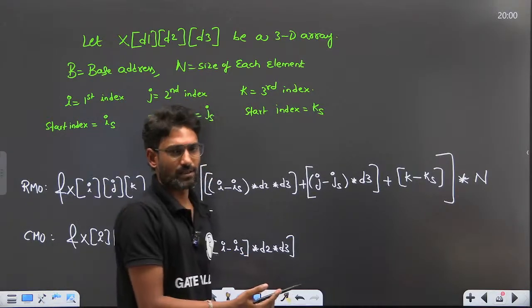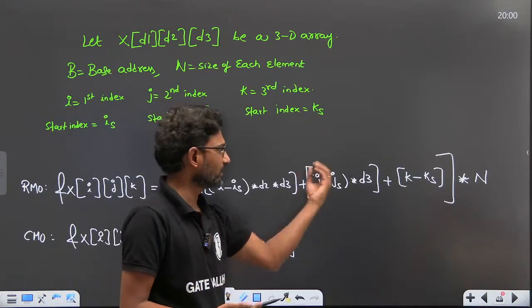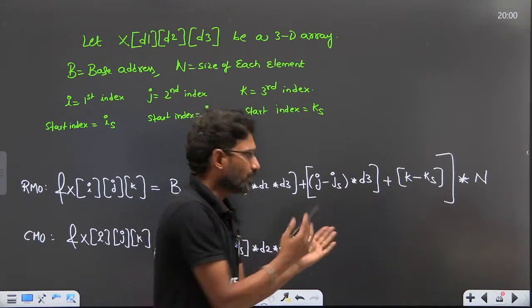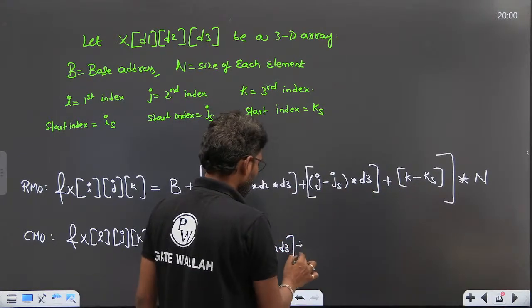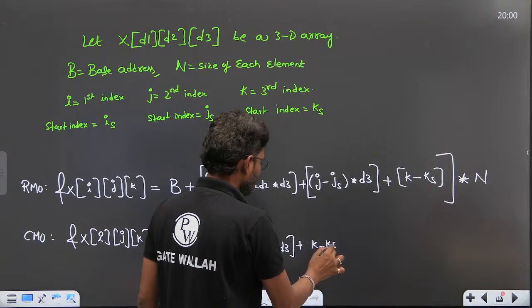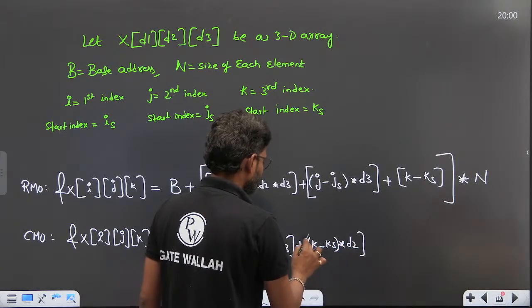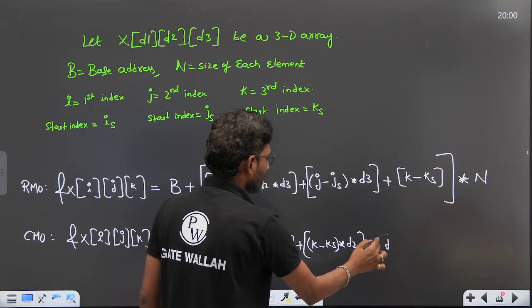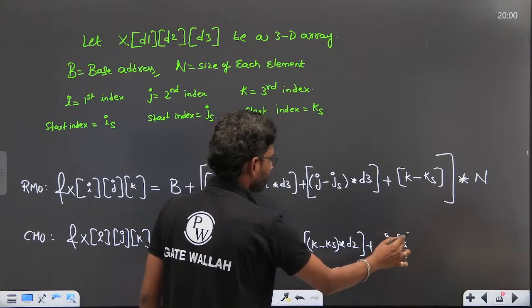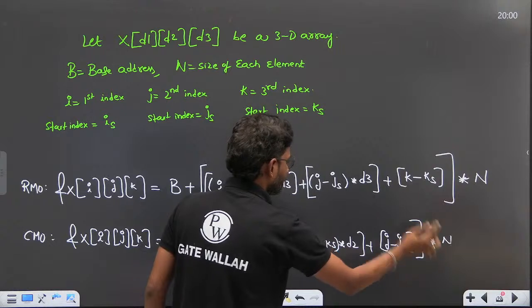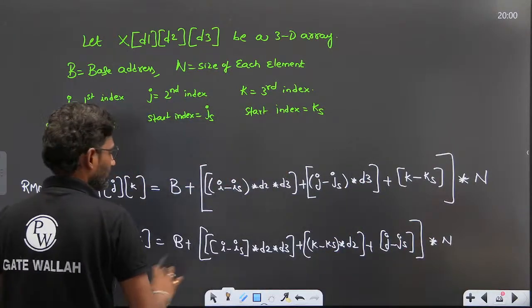This will not change because column major and row major apply to the 2D array part. So here you will get the change: k minus ks multiplied by d2 plus j minus js, whole multiplied by n. So this would be the thing.